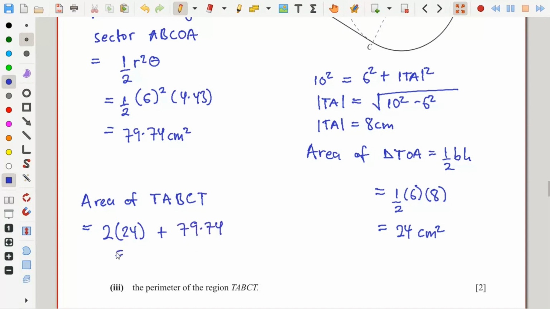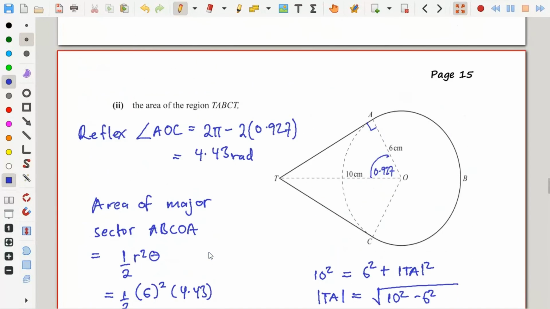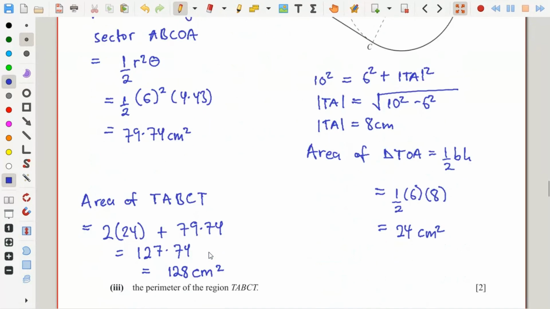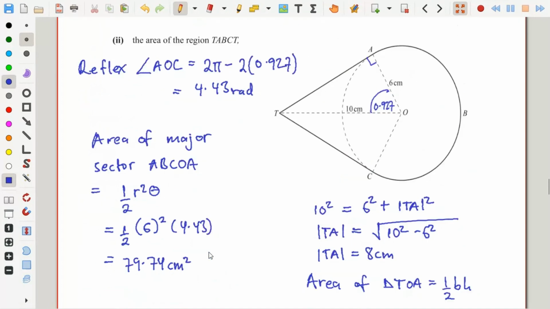So this should give me 127.74, which is the same as 128 when corrected to three significant figures. Okay, so that's a cool 6 marks. So if you're able to do this, you have gotten your 6 marks. That's good.